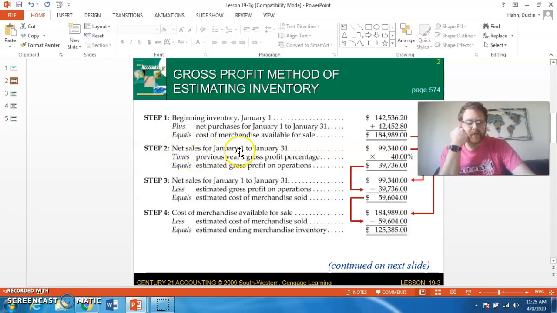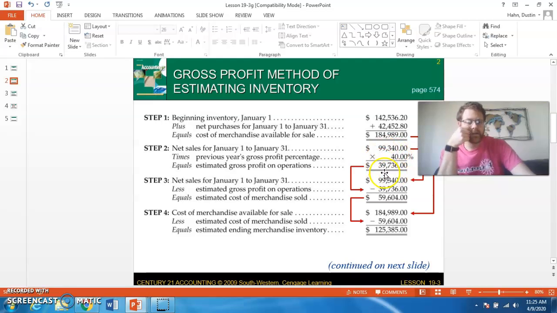The sales for January 1 through 31st: you sold almost $100,000 in January. Previous year's gross profit percentage, we'll work with you on that. Estimated gross profit on operation: take these two numbers times each other.